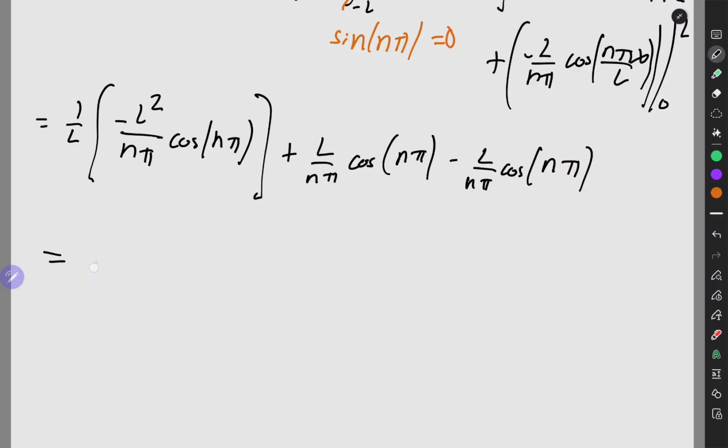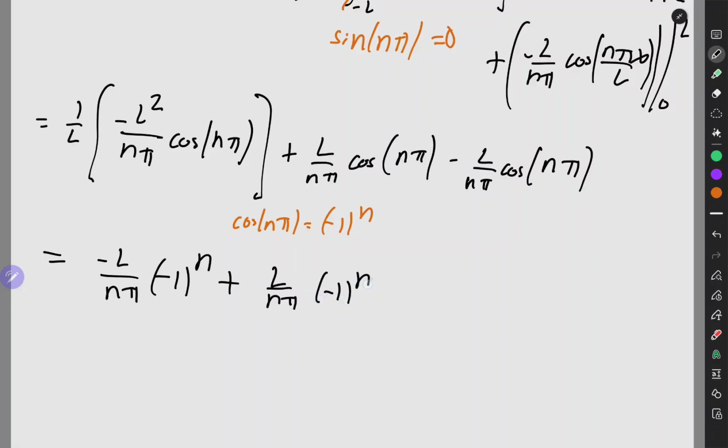Yeah, this would just become negative 1 to the n, right? I'm applying that. Ooh, hold up. These cancel. Wait, I can just cancel them right here. All right.